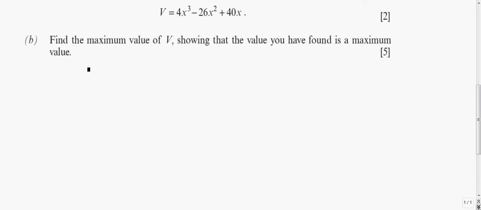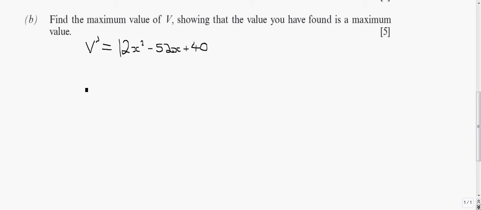So we can consider this like any graph question and just take the derivative of our equation, V prime, which equals 12x squared minus 52x, and then plus 40 at the end there. And at the maximum, this is all going to equal 0.